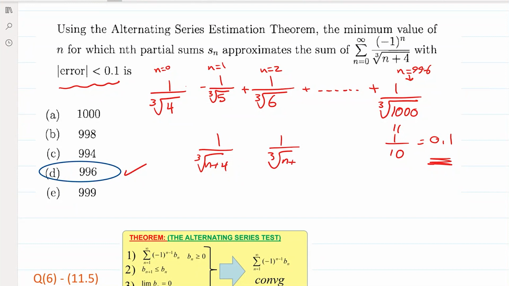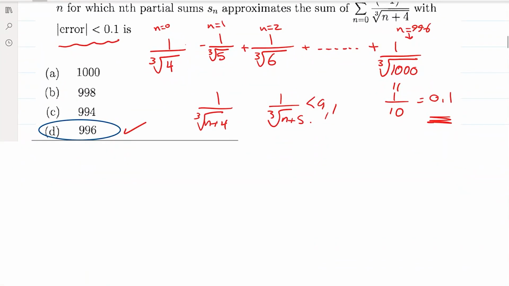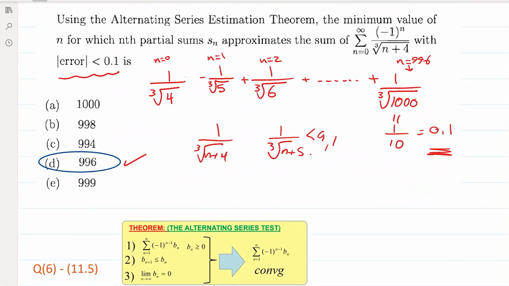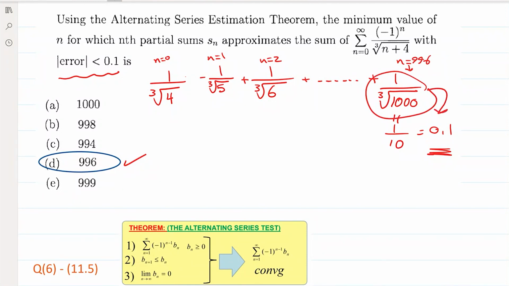It is smaller than the error, which is 1 over 10, and you find n again. This is correct also, but it gives you 995, so you add one to get the next term. You can also solve it as an equation: take 1 over the cube root of n plus 5, equal it with the error, and solve it. Totally correct. Excellent.